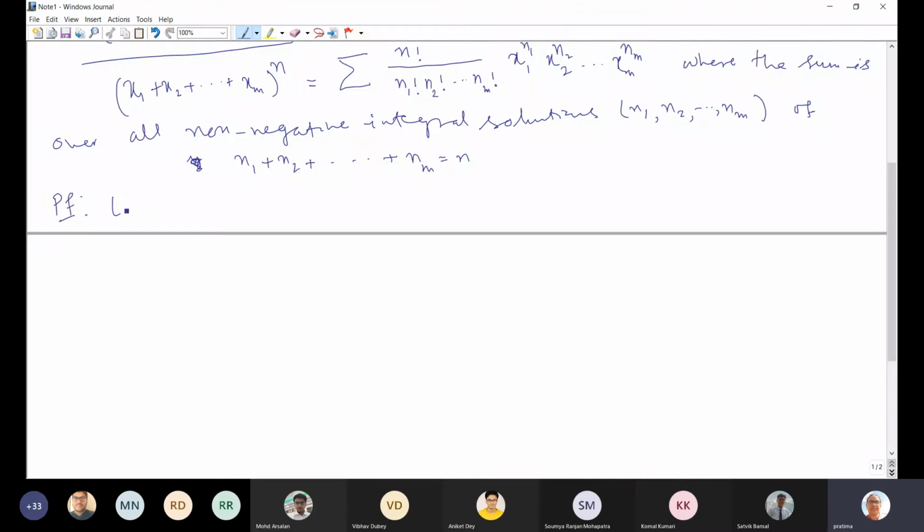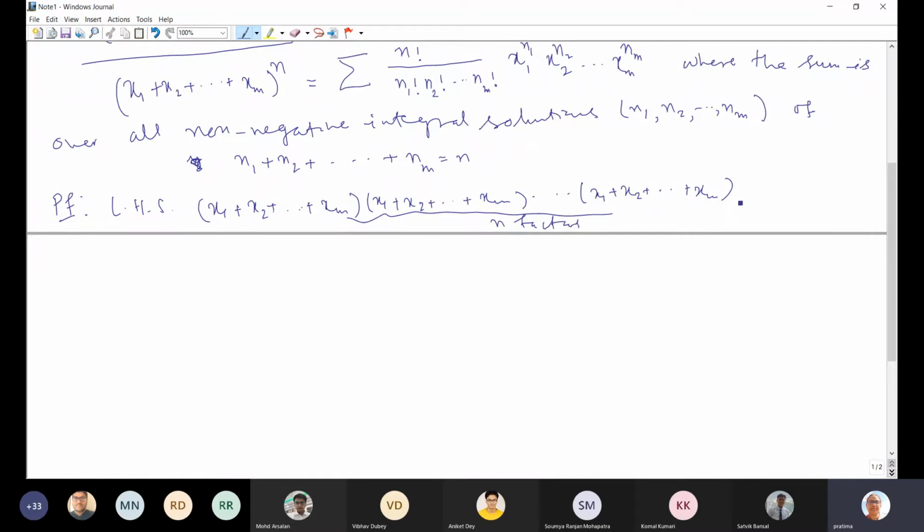So the left hand side we write as a product of x1, x2, up to xm, and n such factors will be there in this product. These are n factors actually.